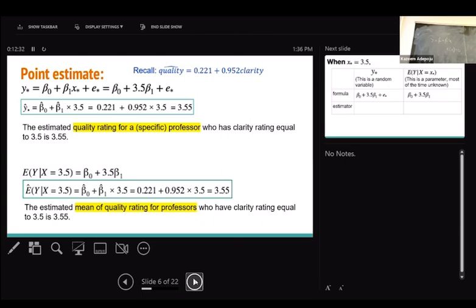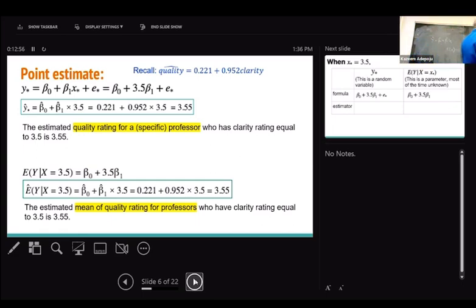But the Y cap is the one you want to use your model to predict. Does that make sense? And that's exactly what we want to do now. If I have already gotten beta naught and beta 1, and they give me values of X, then if I want to predict Y, it's going to be Y cap.